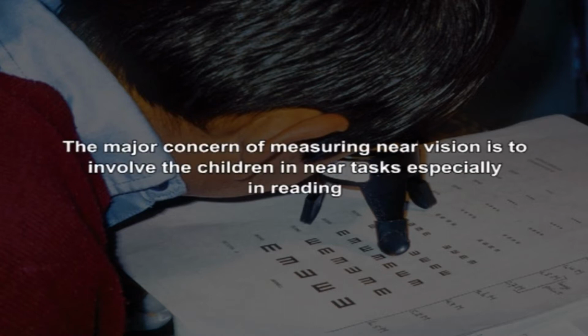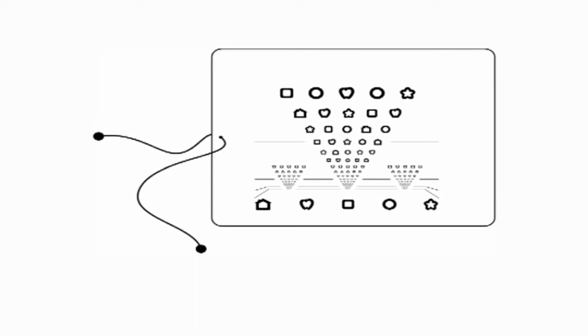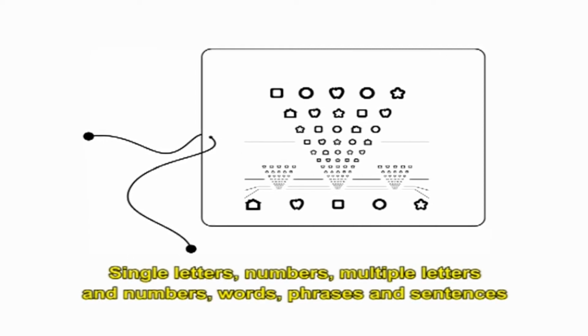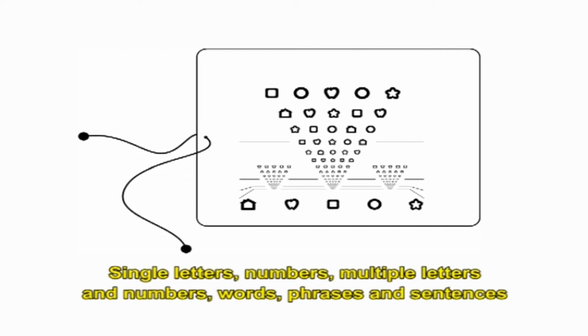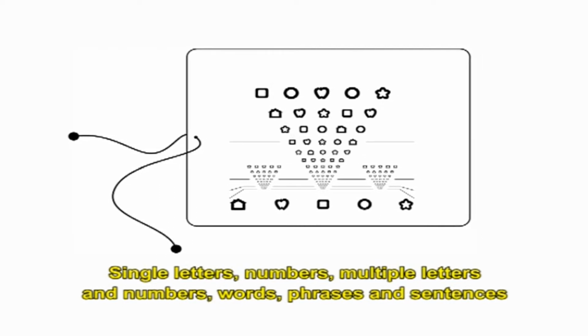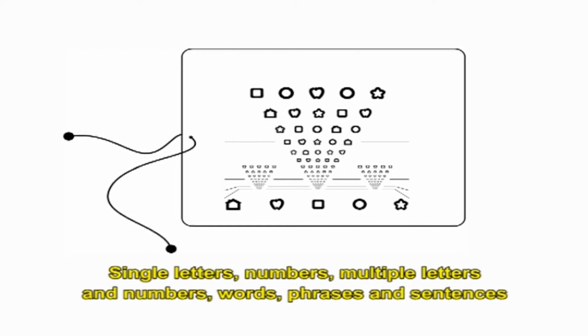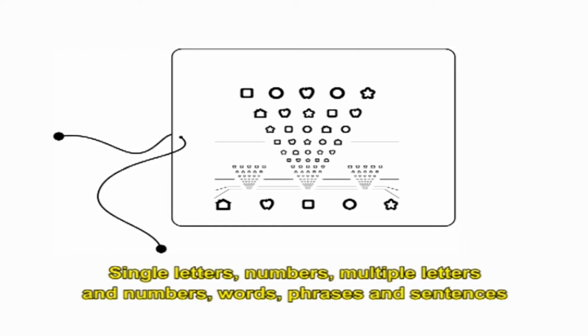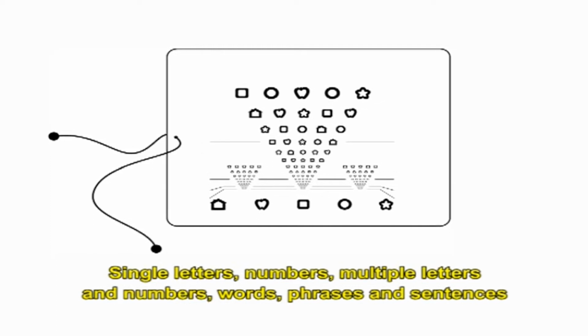The major concern for measuring near vision is to involve the children in near tasks, especially in reading. There are numerous near vision charts available with single letters, numbers, multiple letters and numbers, words, phrases and sentences with varying levels of difficulty. A suggested starting point is a chart with single letters or words or numbers.